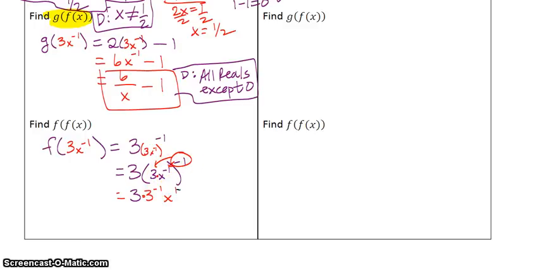Well, that's convenient because 3 to the first times 3 to the -1 is like 3 to the 0, and 3 to the 0 is just 1, so that doesn't change anything. So my answer is just x this time. I don't have any square roots or fractions to worry about, so the possible values I could plug into x are anything, so my domain is all reals.